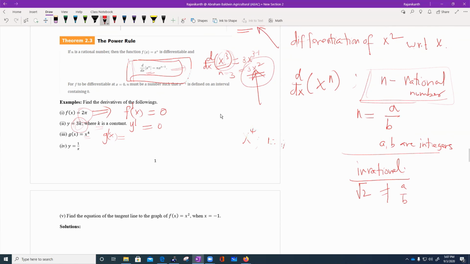Simply plug 4 into your formula. So g prime x, in other words, you could write d over dx of x to the power 4. The formula says 4x to the power 4 minus 1. Now simplify this. That will be 4x cubed.